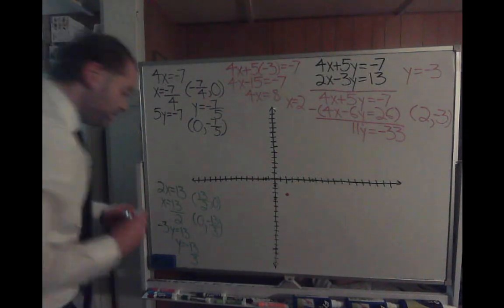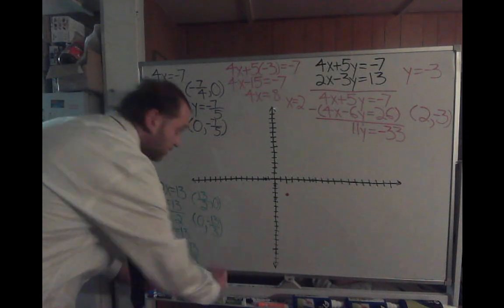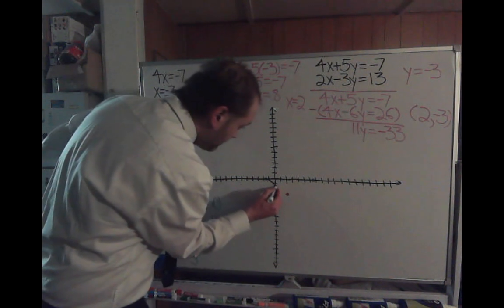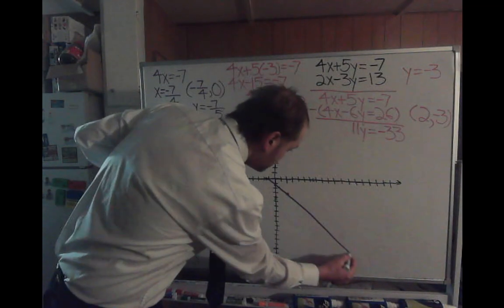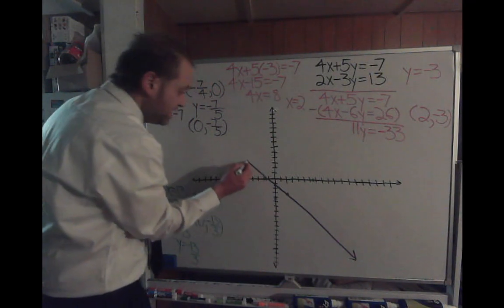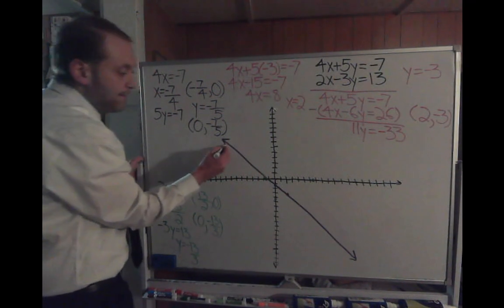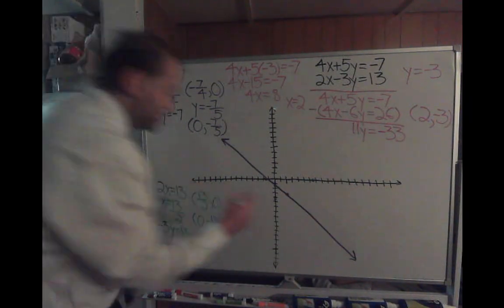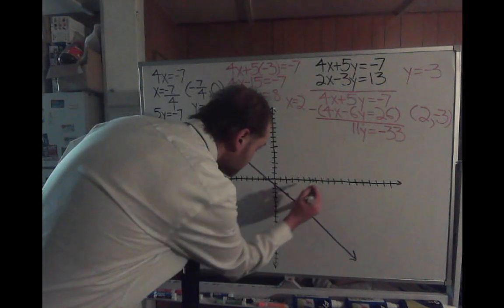All right, now that we've labeled all those points, let's draw our lines. Here goes the first line, which is 4x plus 5y equals -7. And then we'll plot the second line, which is 2x minus 3y equals 13.